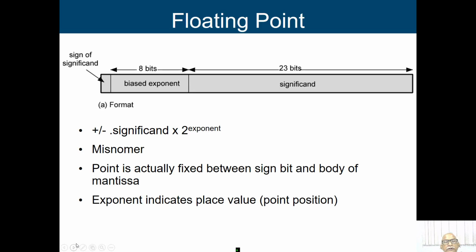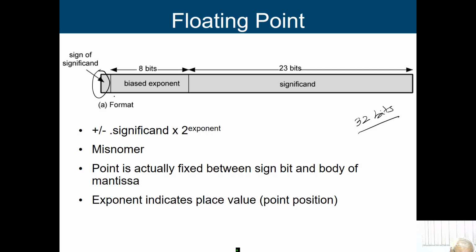For that we are going to have a format, and we call this the floating point format. So, what is the breakup? If we are taking a total of 32 bits, one bit is used for indicating the sign, whether it is a positive number or a negative number.